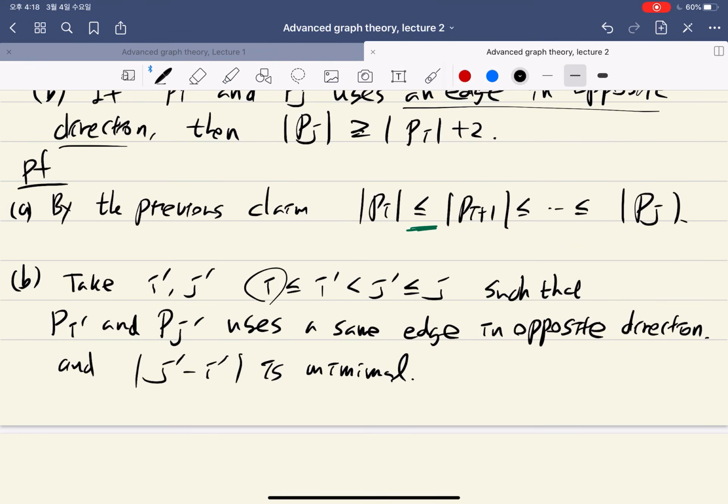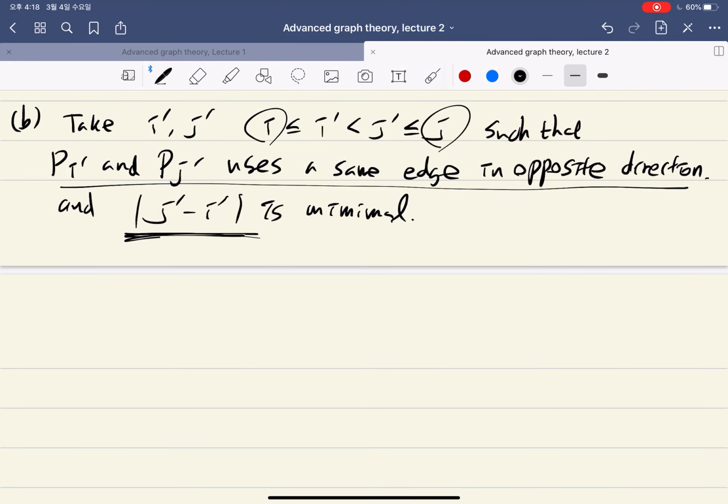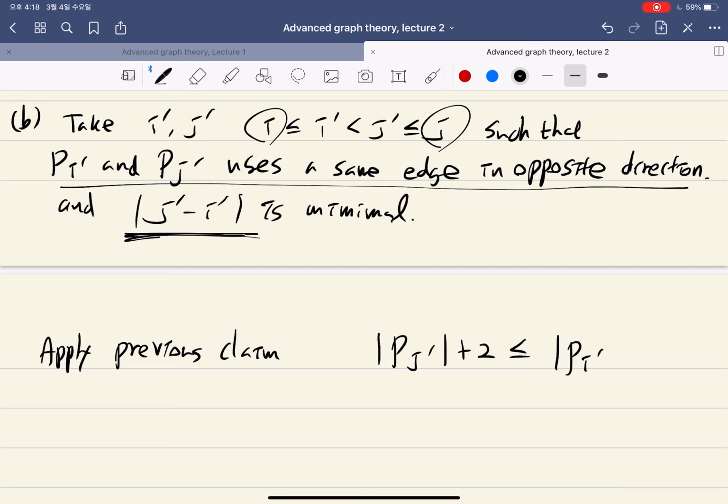Note that the i and j satisfy this condition, so there should be a pair with the smallest such difference. And we apply the previous claim. Then what we get is Pj prime is at least Pi prime plus 2.